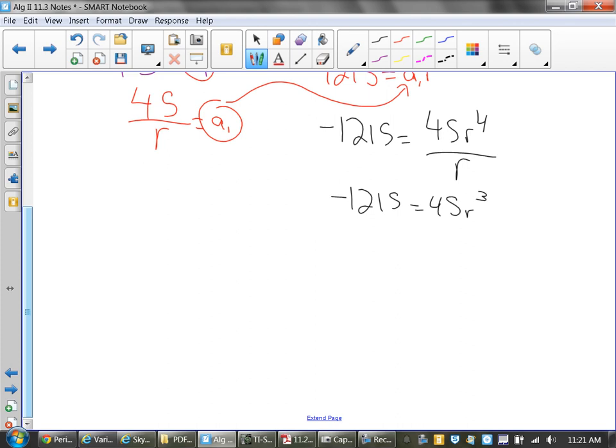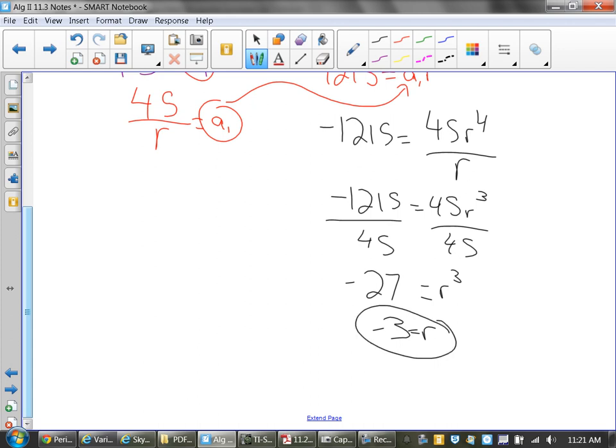And now it's a 2-step equation. What do you do? I think it was negative 27. And how do you undo cubing? What's the cube root of negative 27? Positive or negative? Negative 3. So now you know what your r value is.